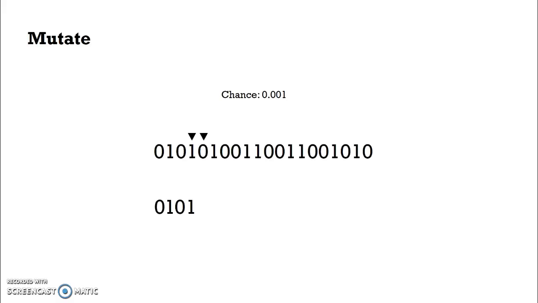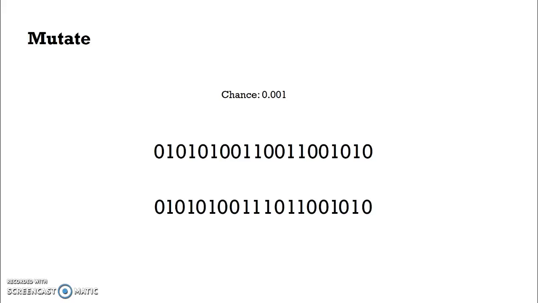So it goes through it, it checks it, it is all good, and then, we're going to mutate this bit here. So to mutate, you either change a 0 into a 1, or a 1 into a 0, and that is your mutation. So that 0, if we continue on, will now be a 1 at the bottom, and everything else is the same.